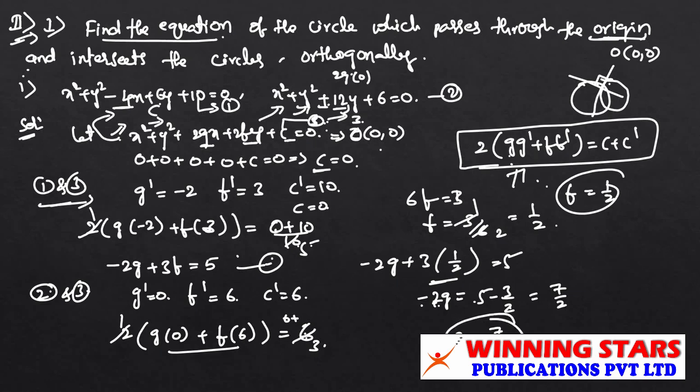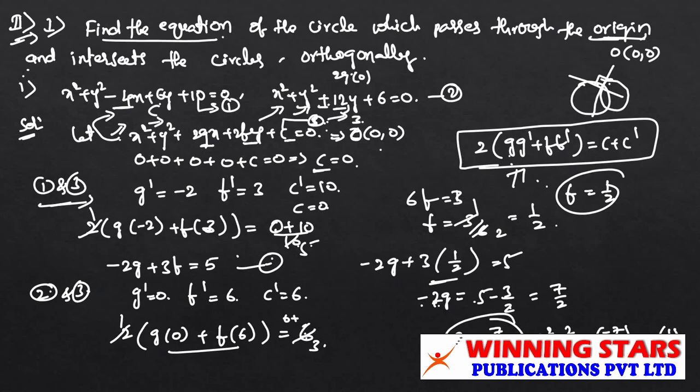So what is the equation? x square plus y square plus 2gx, which is 2 into minus 7 by 4 times x, plus 2fy, which is 2 into 1 by 2 times y, plus c, which is 0.